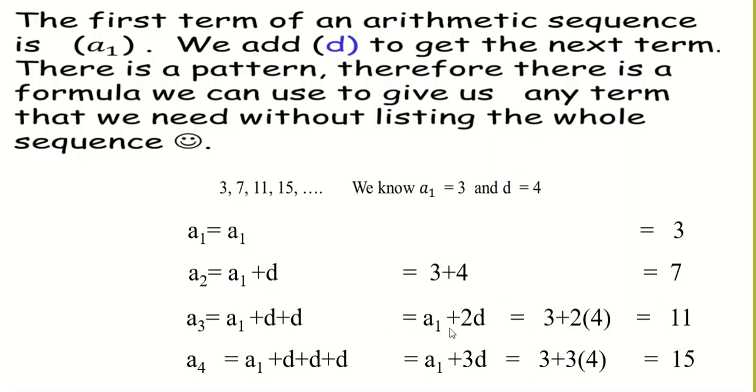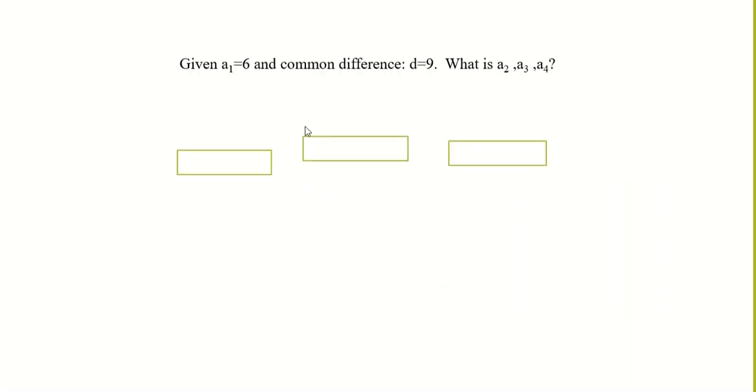So that makes it a sub 1 plus 2d, which is 3 plus 2 times 4, for your d, equal to 11. To get the fourth term, from the first term, you add 3 common differences. So that is a sub 1 plus 3 of the common difference. That makes it 15.